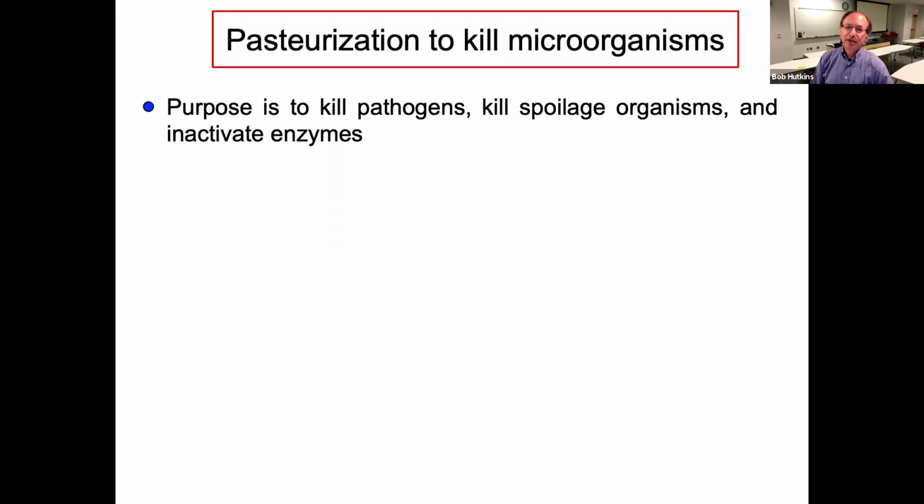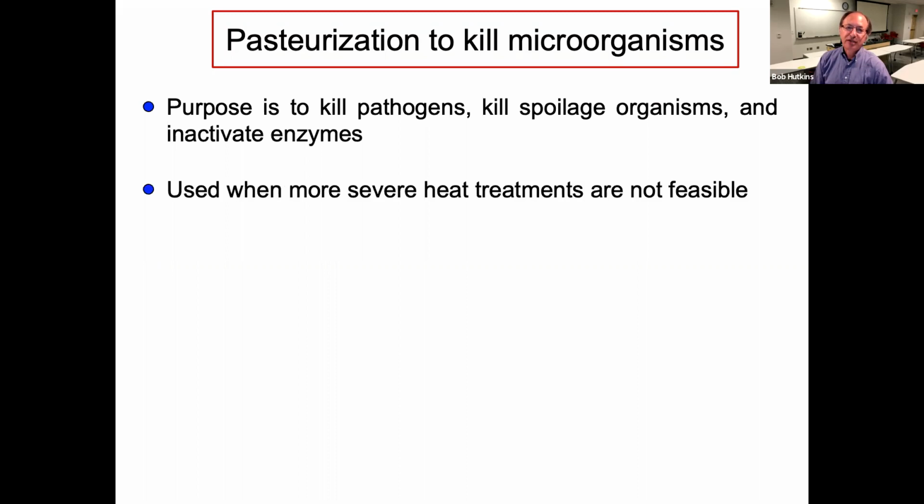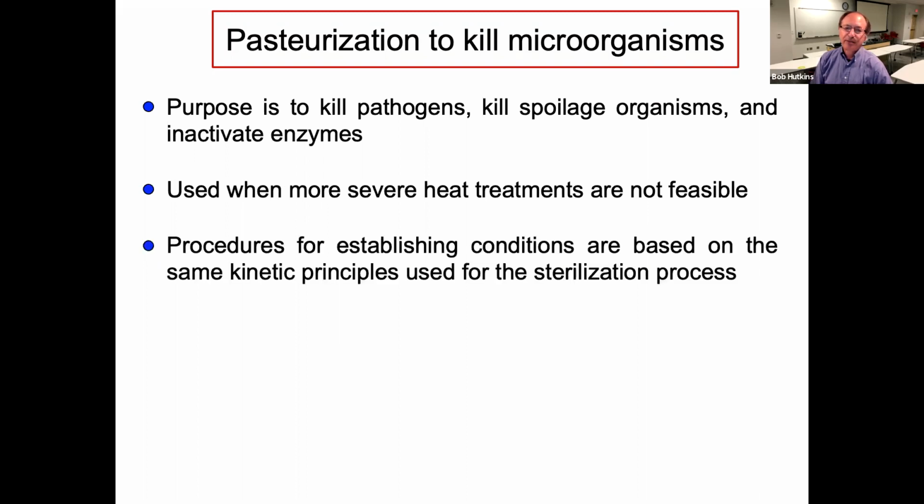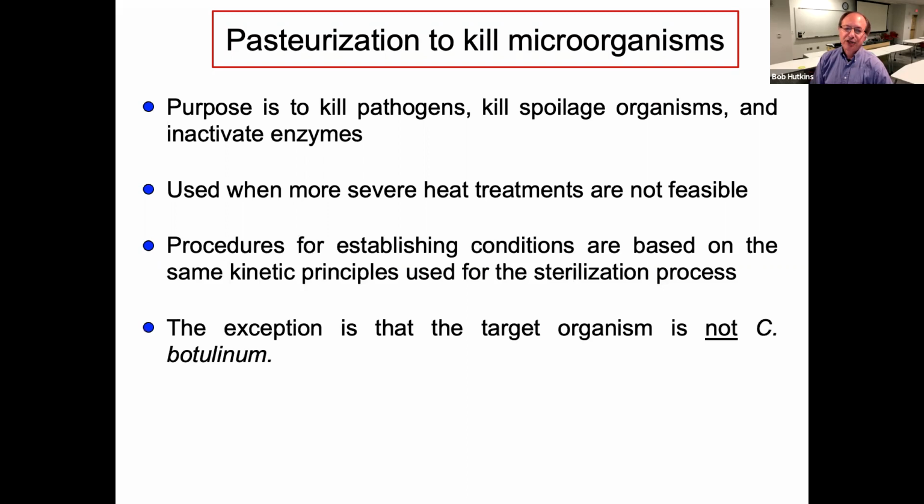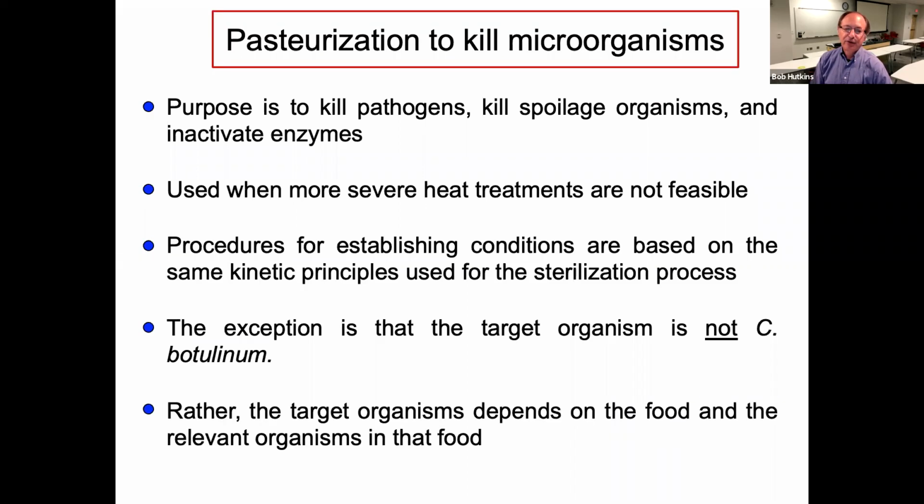There the goal was to kill pathogens, spoilage organisms, and activate enzymes, but we're not killing all the pathogens, only those capable of growth in that food. We use pasteurization when more severe heat treatments aren't feasible, but the principles are exactly the same as for sterilization, except the target is not C. bot. The target depends on what the food is, okay? And again, our knowledge of microbial ecology.